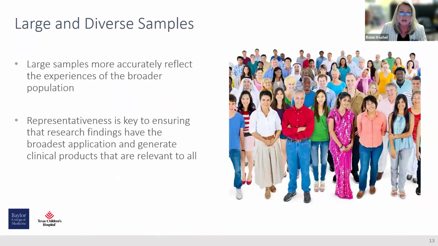Large and diverse samples more accurately reflect the experiences of the broader population. And so representativeness is key to ensuring that our research findings have the broadest application possible, and that we're able to then use that information to develop clinical products that are relevant to all.